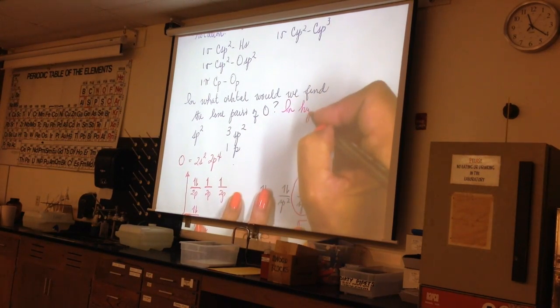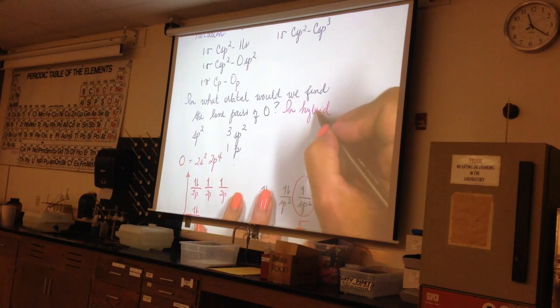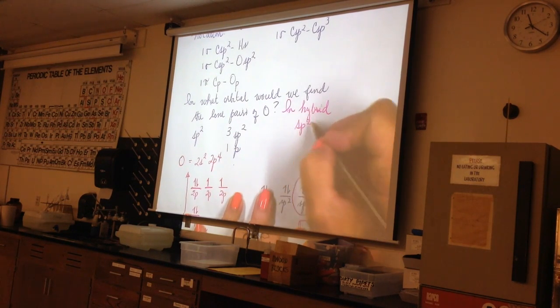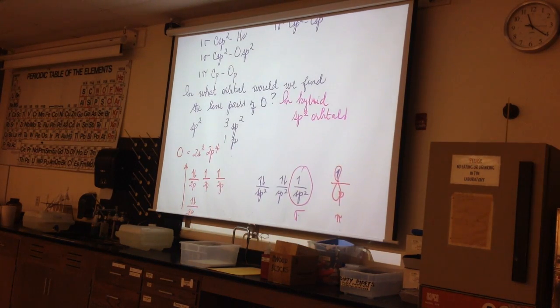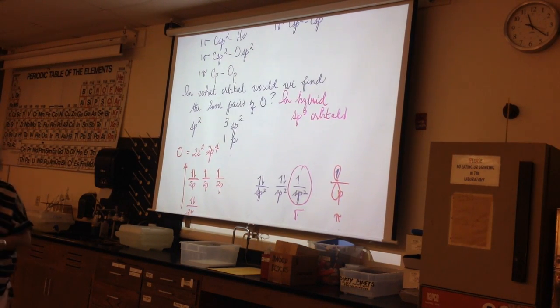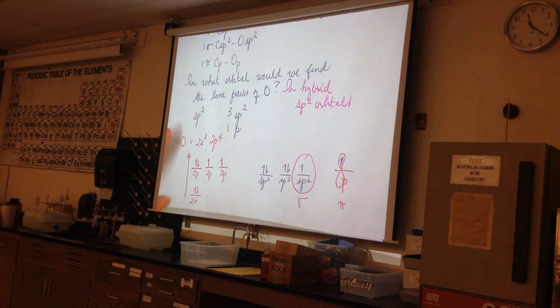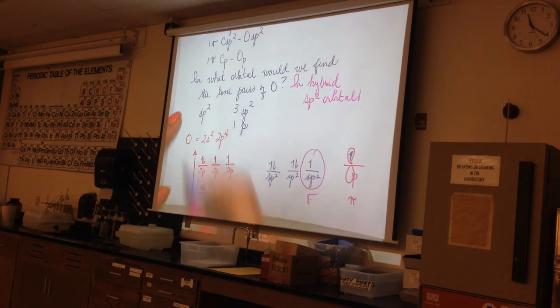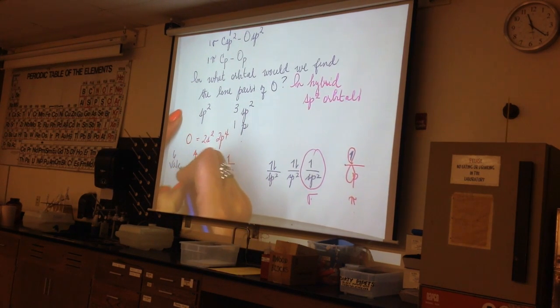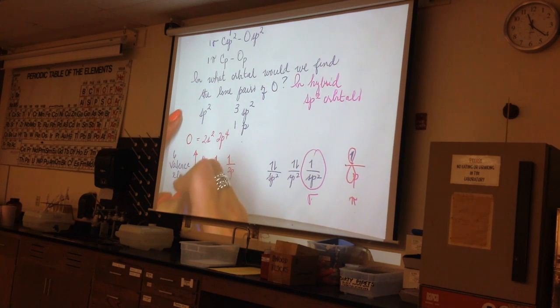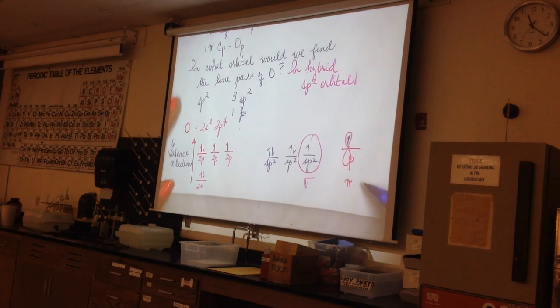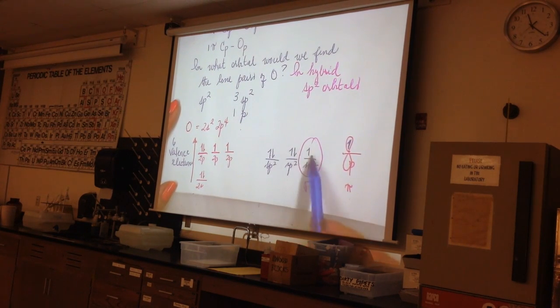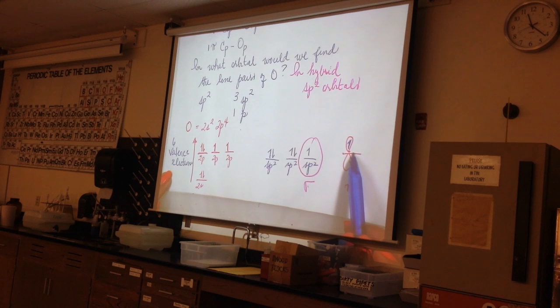In hybrid sp2 orbitals, because oxygen has a total of 6 valence electrons. In order to form a pi bond, I need to leave at least 1 electron in a non-hybrid p. So that takes care of your 2, 4, 5, and 6 valence electrons.